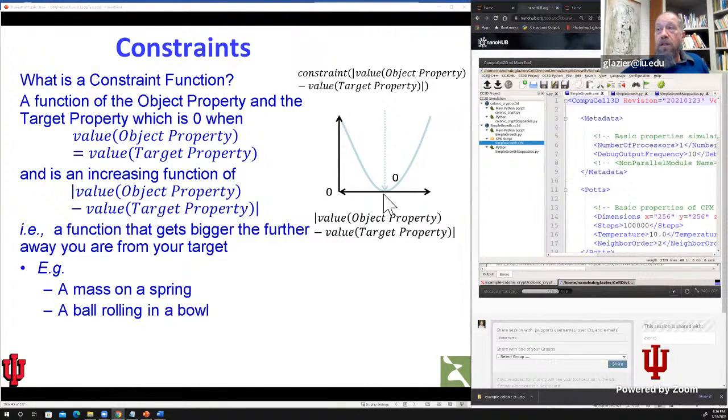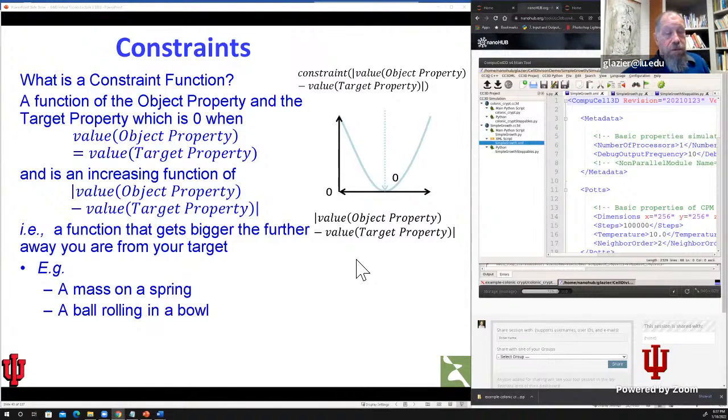So conceptually, if I think about the x-axis here being the actual value of the property, the y-axis here is the value of the constraint. If my target agrees with my actual value, the function is 0. If my target and my actual value are distinct, the bigger that difference, the bigger the value of my function.